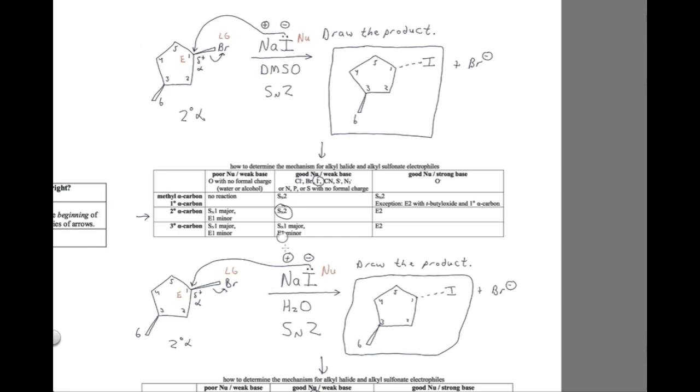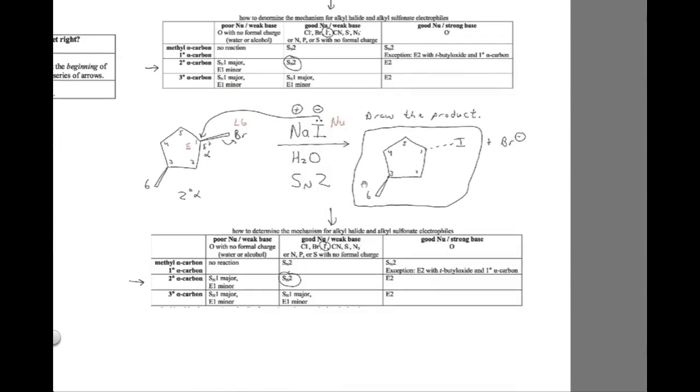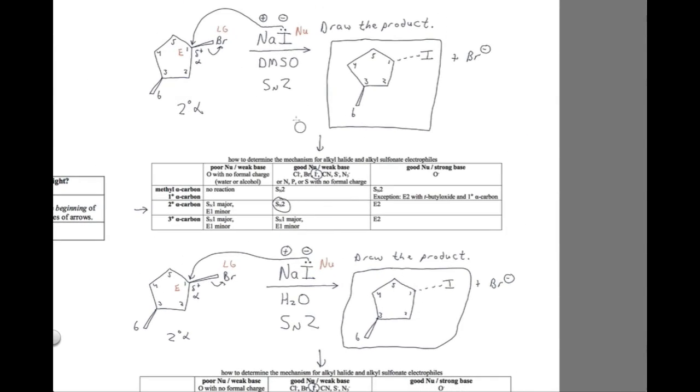Changing the solvent didn't change what the major mechanism was. The table tells us that the major mechanism is SN2, regardless of whether we use the DMSO or the water solvent, because all the other aspects of these reactions are the same. All right, so this gives us some more practice with how you handle a problem that tells you the solvent.